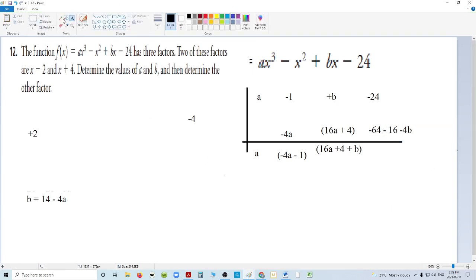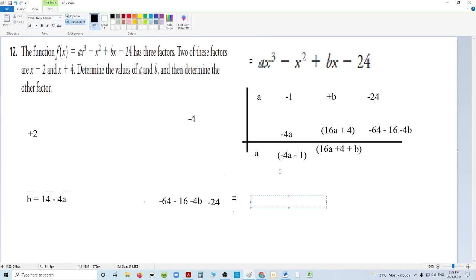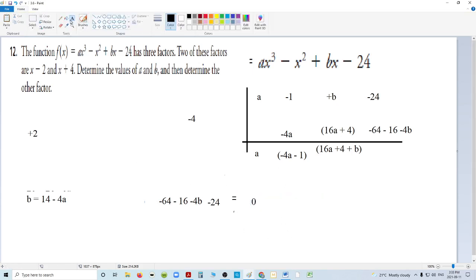Now, for this equation, when I add this to that, I'm going to equal 0 again. So again, I'm going to put all the numbers on the same side.